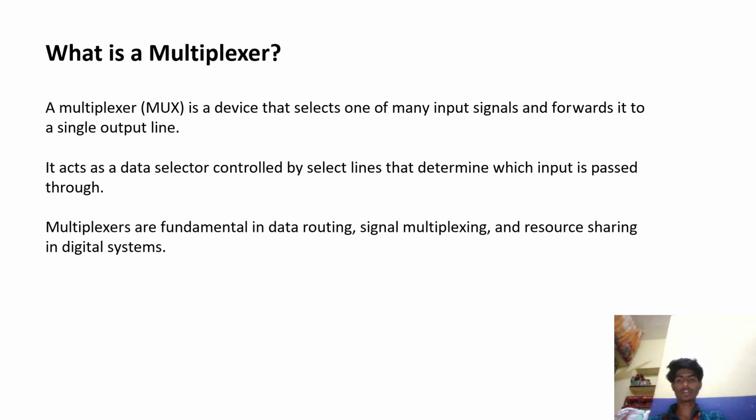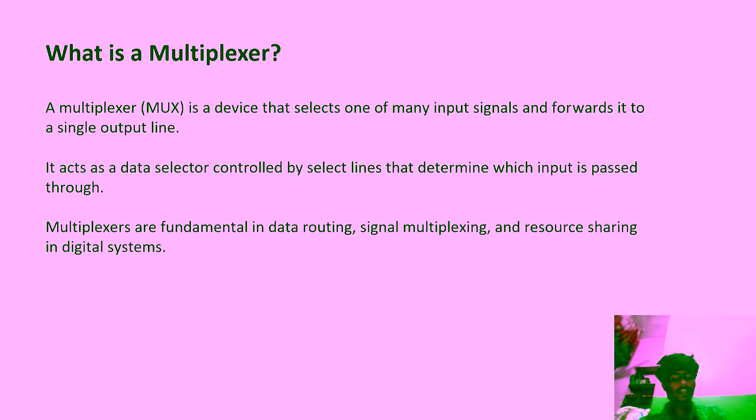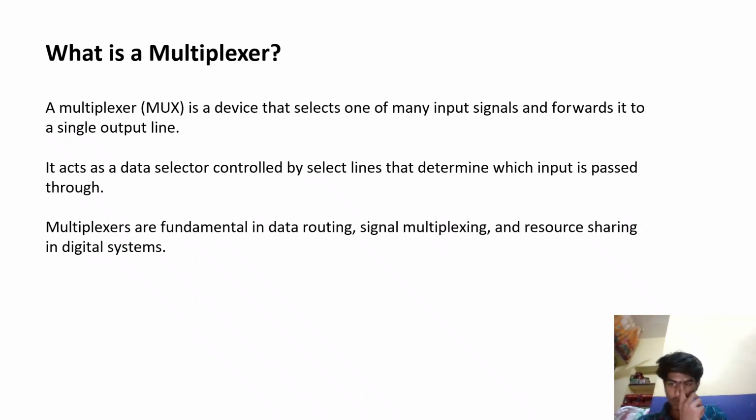Now we are going to discuss the multiplexer. A multiplexer, also called a MUX, is a device that selects one of many input signals and forwards it to a single output line. It is the opposite of the decoder: in a decoder we give n inputs and get 2 to the power n outputs, but here we give multiple input signals and get one output.